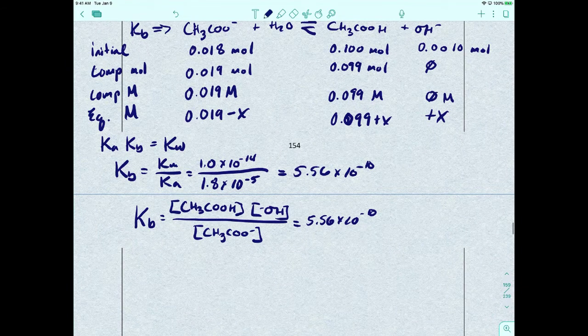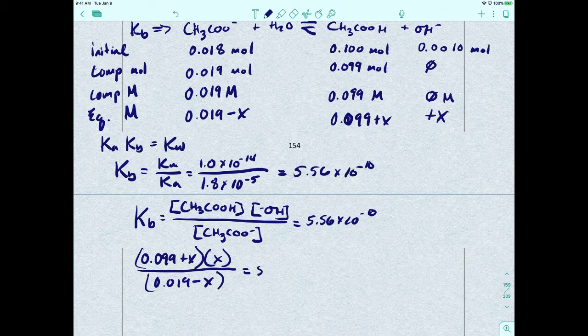If I put in the concentrations that we've got at equilibrium, acetic acid was 0.099 plus X, hydroxide ion is X, and acetate ion is 0.019 minus X. That's going to be equal to 5.56 times 10 raised to the minus 10th.